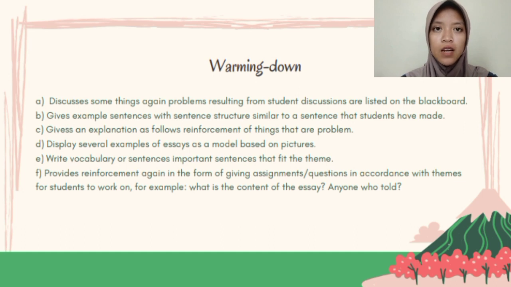The fourth, the teacher displays several examples of essays as a model based on pictures. And the fifth, the teacher writes vocabulary or important sentences that fit the theme. And the last, the teacher provides reinforcement again in the form of giving assignments or questions in accordance with them for students to work on.